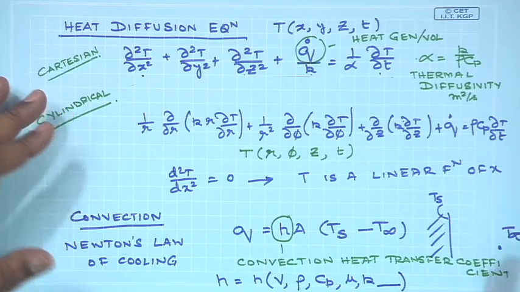For example, it is going to depend on the geometry of the surface. Is the flow taking place over a flat surface? Is it on a rounded surface? Is it a rough surface, or is it a smooth surface? Those extraneous factors that define the nature of the surface will also decide the value of the heat transfer coefficient.